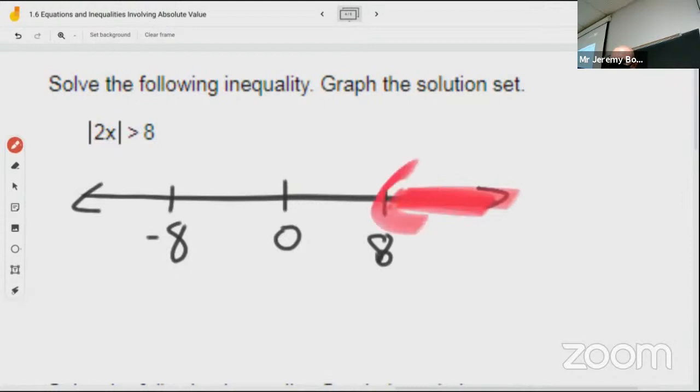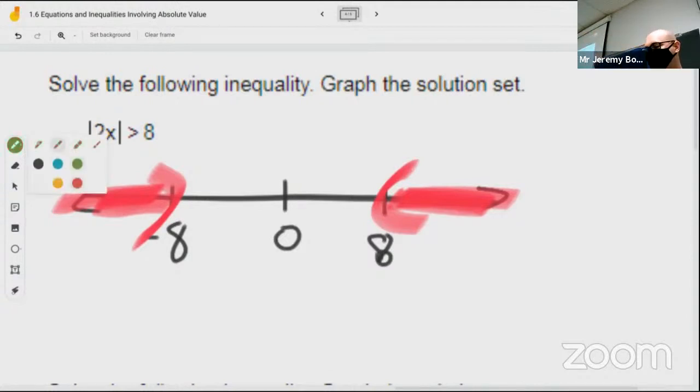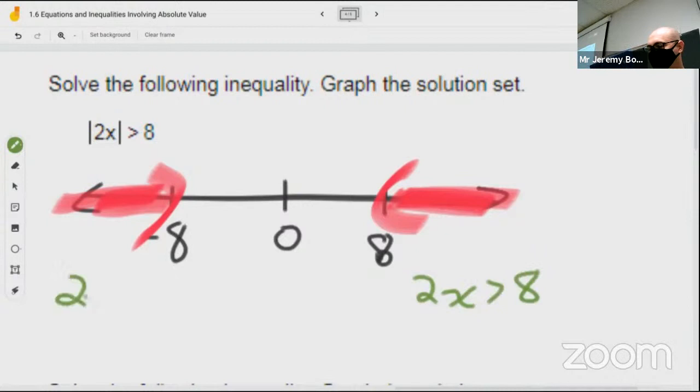It's not equal to, so we put a parenthesis. This area here, it's not equal to, so we put a parenthesis. So you can see it's two disjoint intervals. They're not together. So that means we don't want to make it a combined inequality. Here we want to write it as 2x can be greater than 8 or 2x can be less than negative 8.